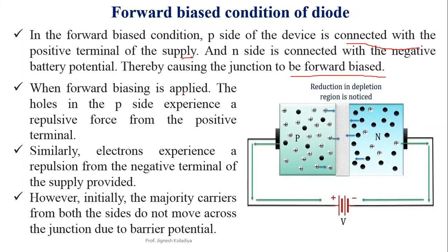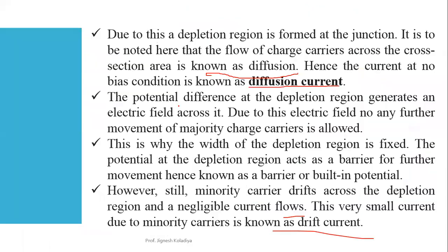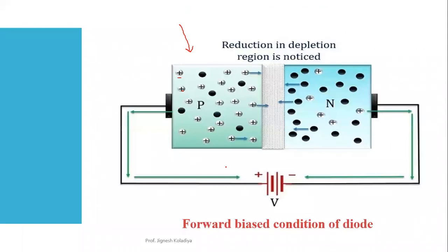So when forward biasing is applied, the holes in the P side experience a repulsive force from the positive terminal, and similarly electrons experience repulsion from the negative terminal of the supply. What is the meaning of this? You can see over here, on the p-type region, majority charge carriers are holes, having positive charge, right? And that terminal is connected with the positive polarity.